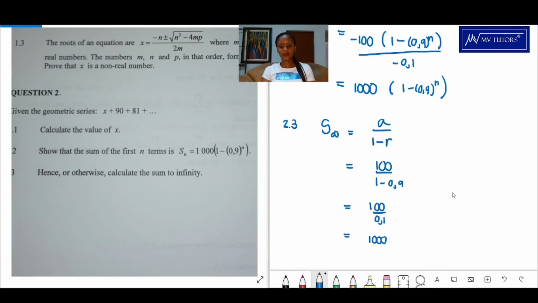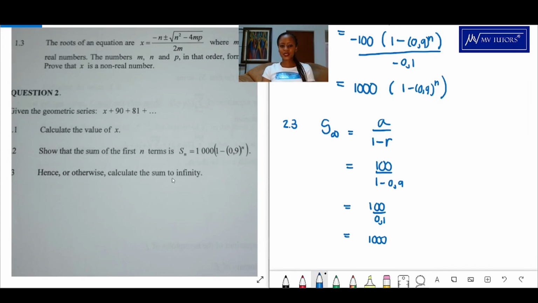Then our answer is 1,000. That is us calculating the sum to infinity, and we're pretty much done with question 2.3. Actually, you know what, I'm looking at this hence.